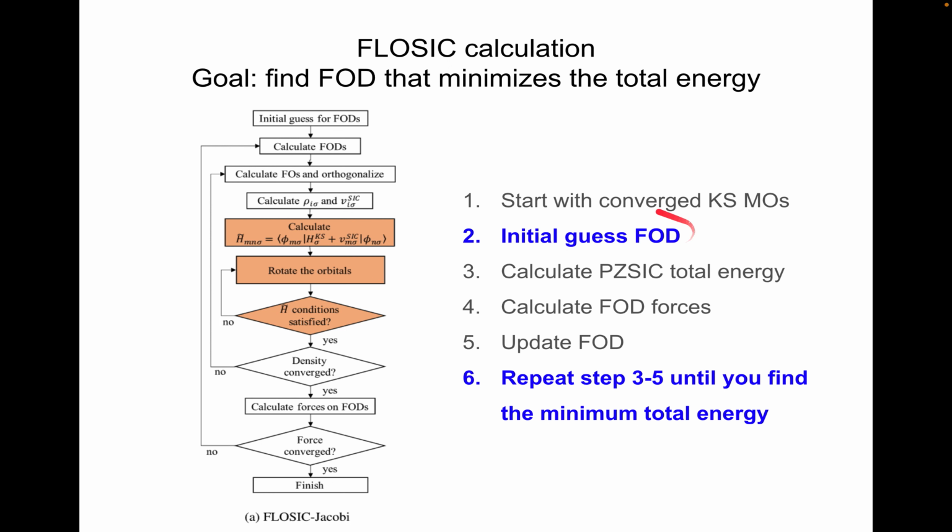Based on that initial guess, the PGSIC total energy and the orbital potentials are computed, followed by the Hamiltonian. And then the FOD force is computed for updating the FOD. You repeat step 3 to step 5 until you find the minimum total energy.